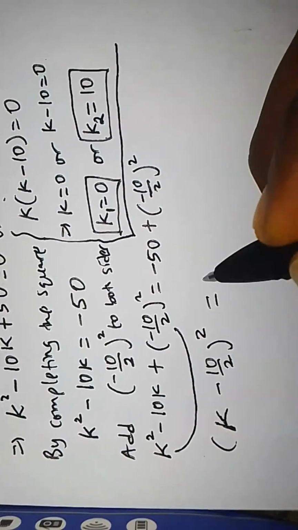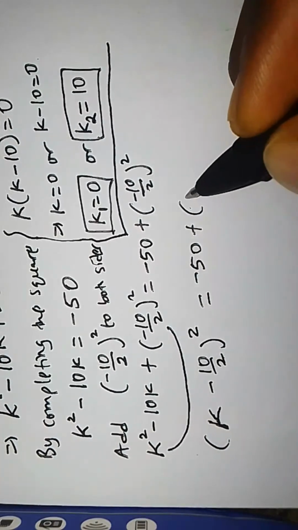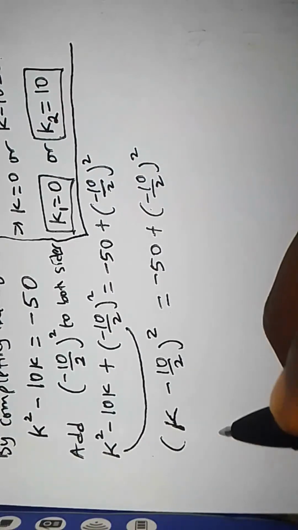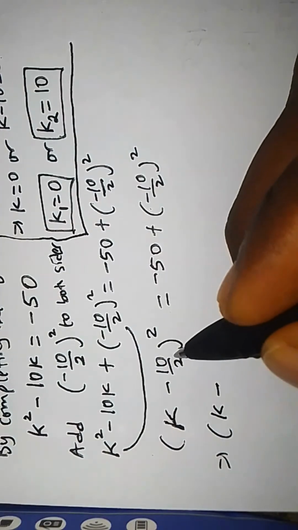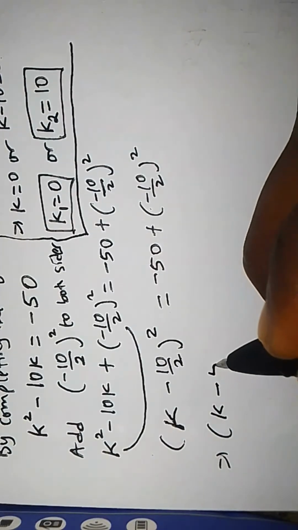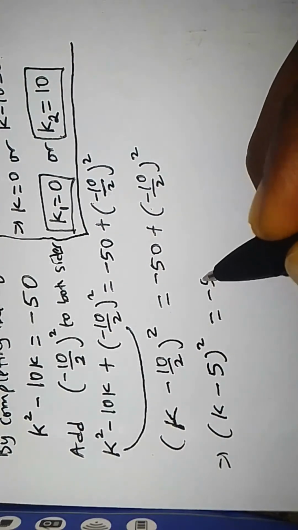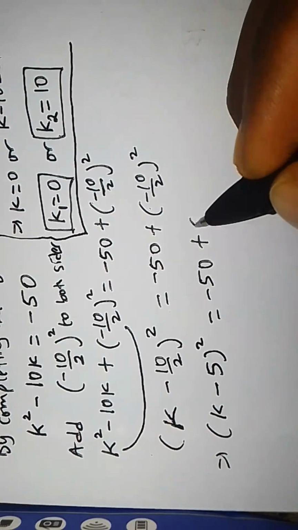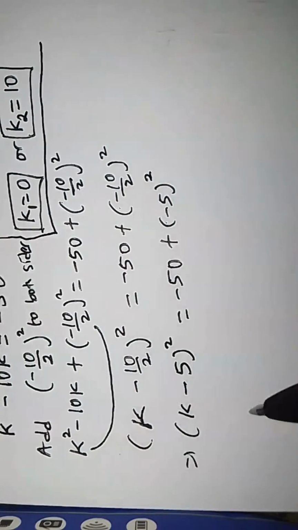This is equal to minus 50 plus (minus 10 divided by 2) squared.